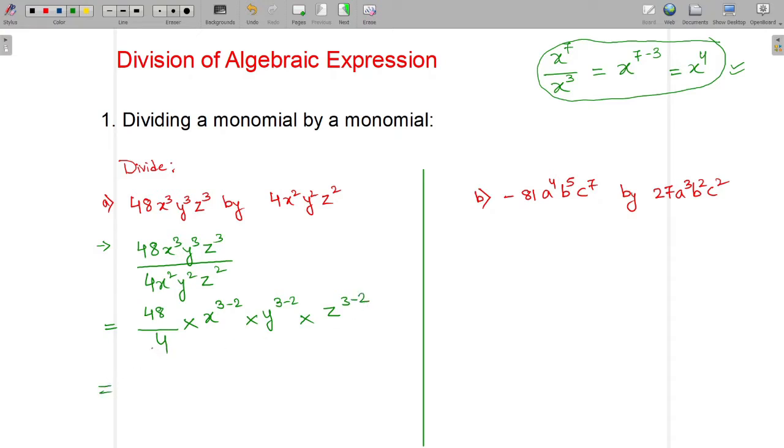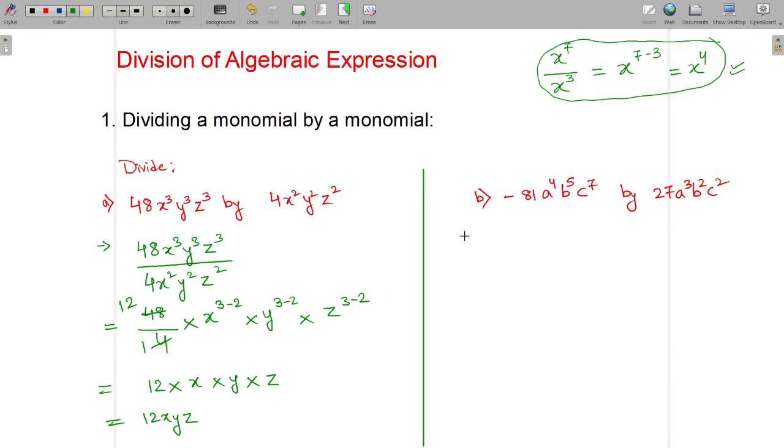Now let us cancel the numbers. So 4 ones are 4, 4 twos are 8, 4 threes are 12, 4 twelves are 48. So it's 12 into, now x to the power 3 minus 2 is 1. So x to the power 1 into y to the power 1 into z to the power 1.